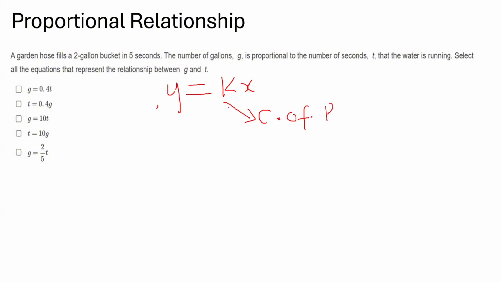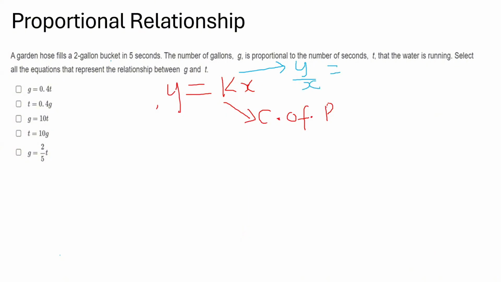So k represents the constant of proportionality. In order for you to write this equation, you must know what k is. To find k, we divide our y by our x.